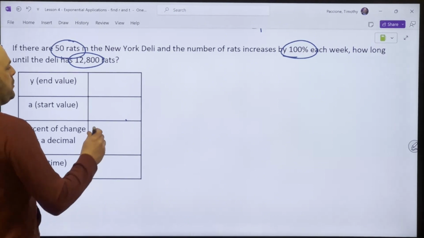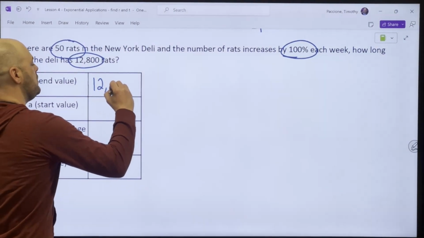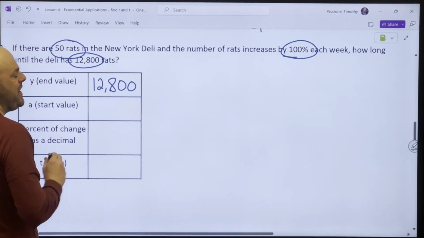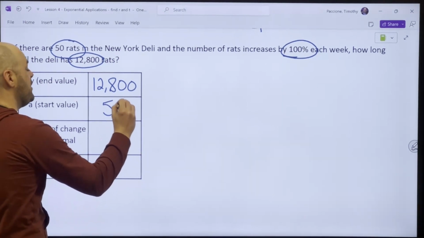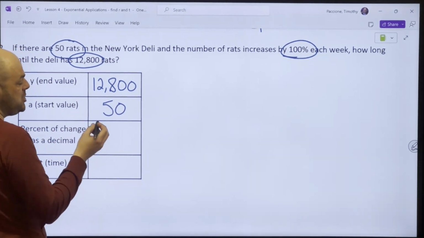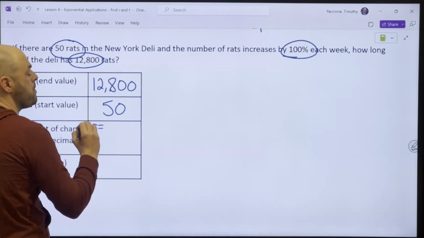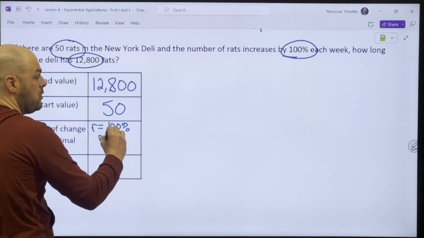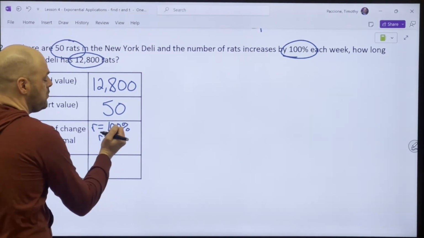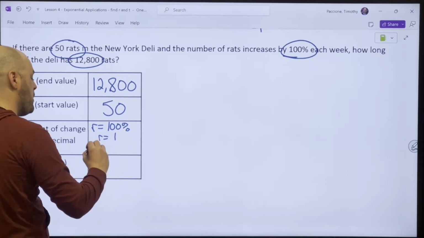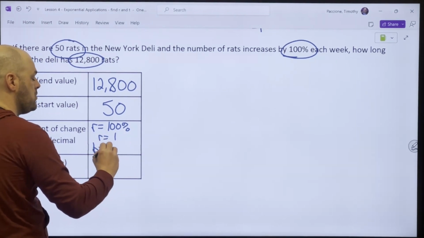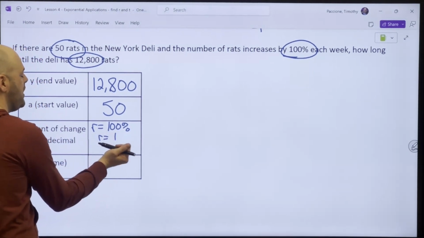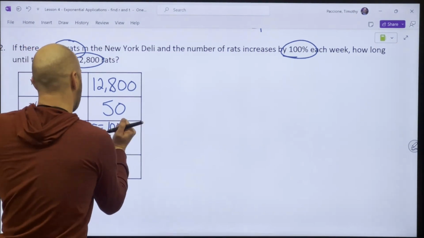Now, what's our n value here? 12,800 what? Rats. What's our starting value? 50 rats. Now, what's our percent change, meaning our r? 100% as a decimal would be 1, right? Just 1. So our b value is, we'll hold off on that. Our r is 1.